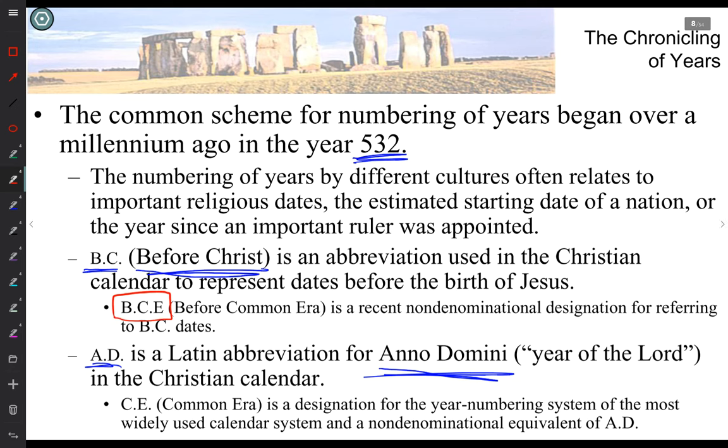And AD, instead of being Anno Domini, the year of our Lord, they just call it the common era. So there's a bigger shift there. And so if you see CE and BCE, BCE just means BC, CE means AD, and people use it because they don't want to reference Christ. I, of course, kind of like to reference Christ, so I kind of like to keep with the old tradition.